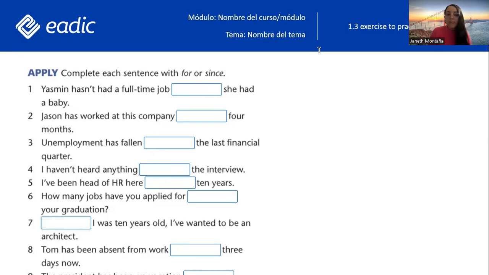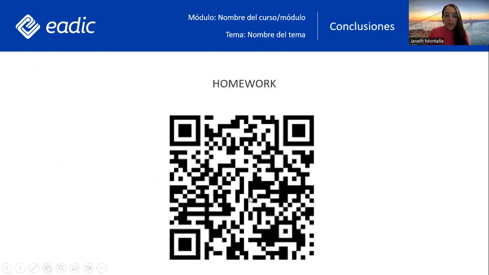When they complete this part, as reinforcement, they have homework. Normally I give them a page of a book or a link. Here, what they have to do is use a QR code with the cell phone. They scan the code and open another link.